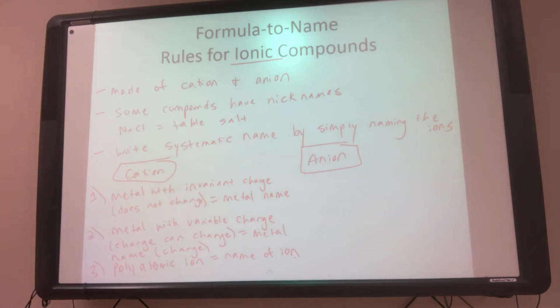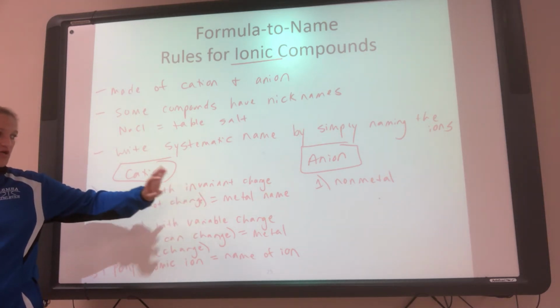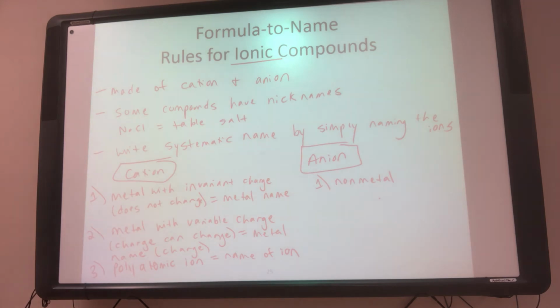Now the anion has only two choices. The anion could be a nonmetal, and nonmetals always are invariant. So you don't have variant for nonmetals. They're all invariant. So we have the same rule for nonmetals. For nonmetals, we're going to take the stem of the nonmetal name plus the ending IDE.